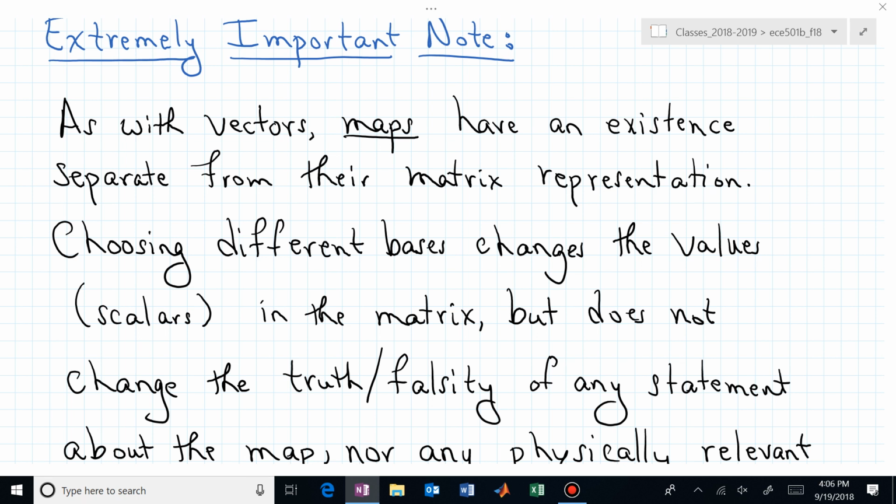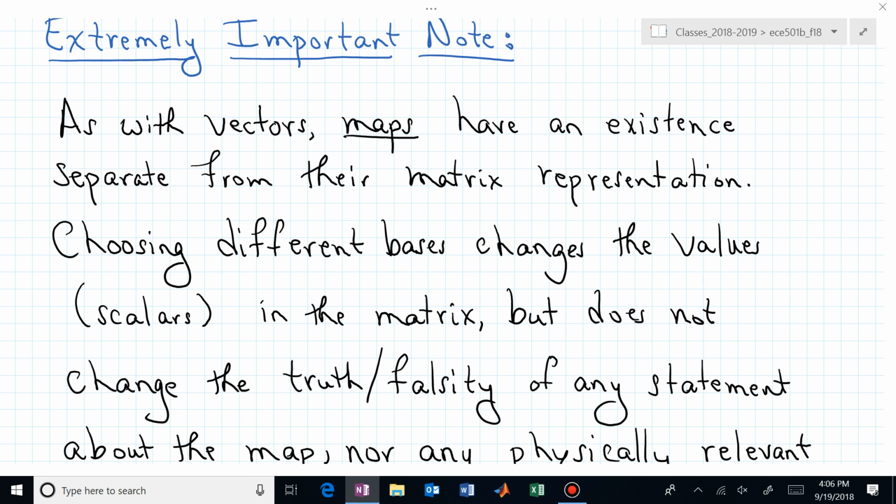So we could label this point in xy space 1, 1 as 1, 1 using the standard basis, or maybe we could label it as 1, 0 if one of our basis vectors was actually at a 45-degree line and of length the same as the length of the 1, 1 vector, or the square root of 2.